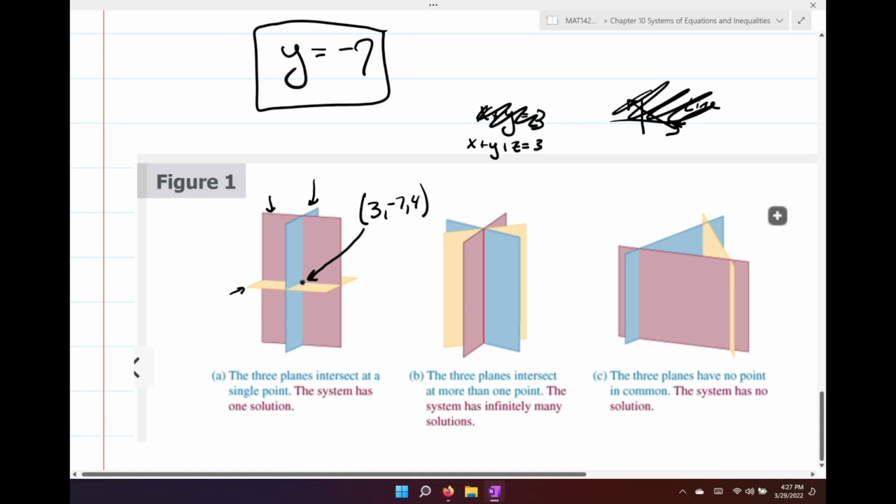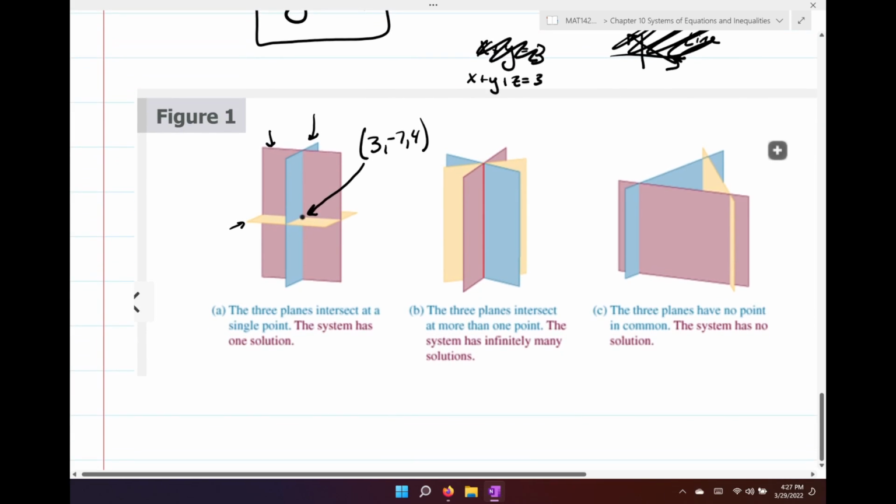Now, just like in systems of 2 variables, we also have the situation here where you can have different types of solutions. So in this first case, notice that the 3 planes intersect at a single point. So this system has one solution. We call that consistent, independent.